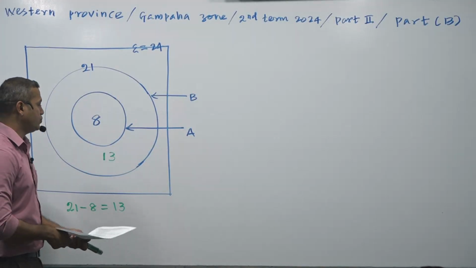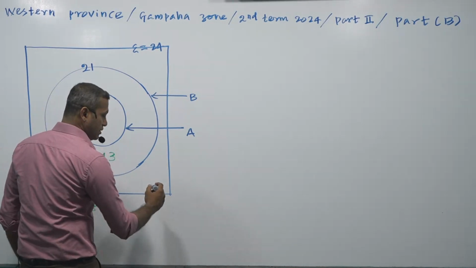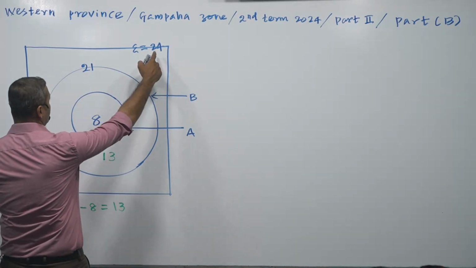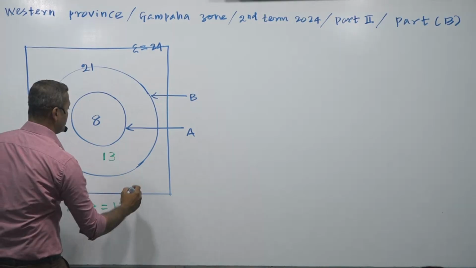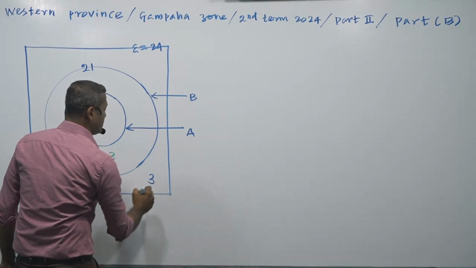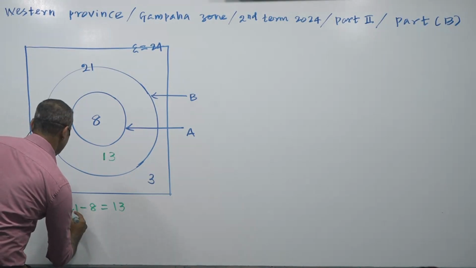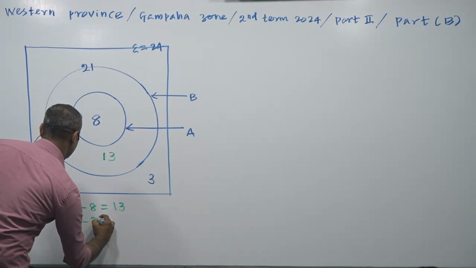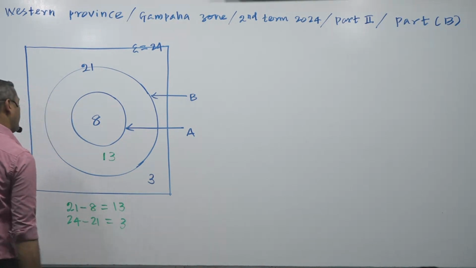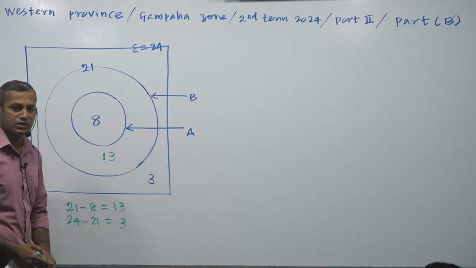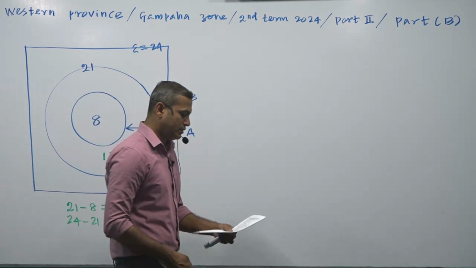So that should be outside the circles. How many are there? Can you guess? 24 minus 21. That is 3. That's how you fill the blanks. Check your answer.